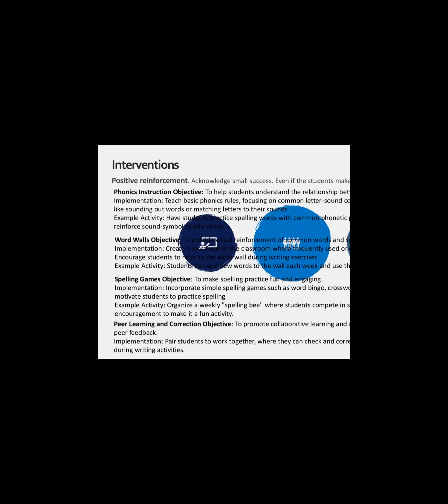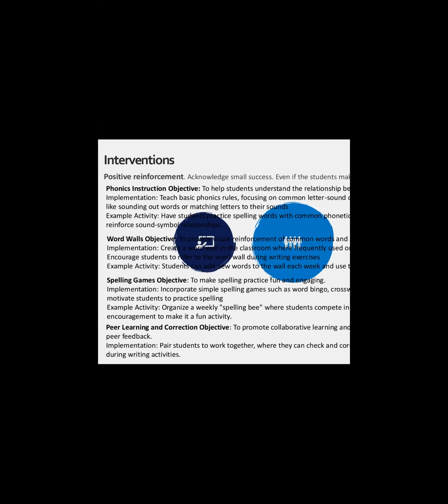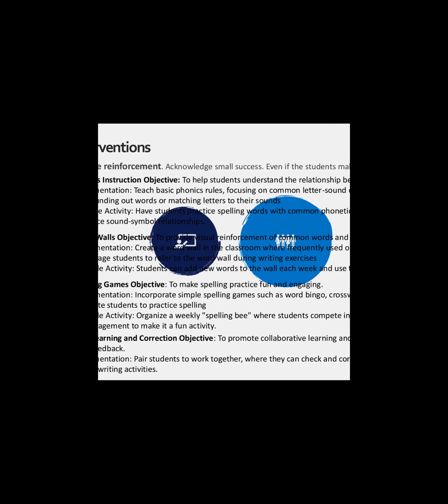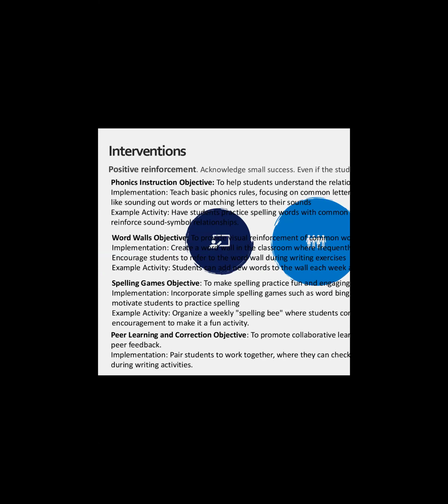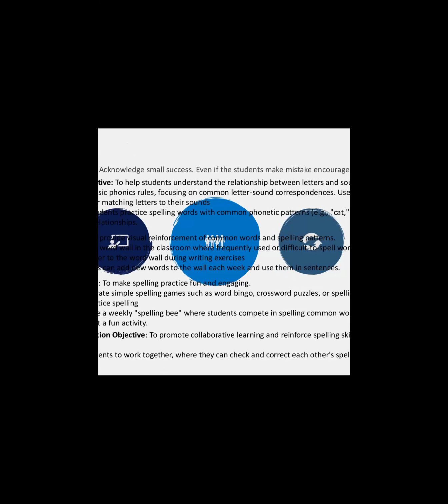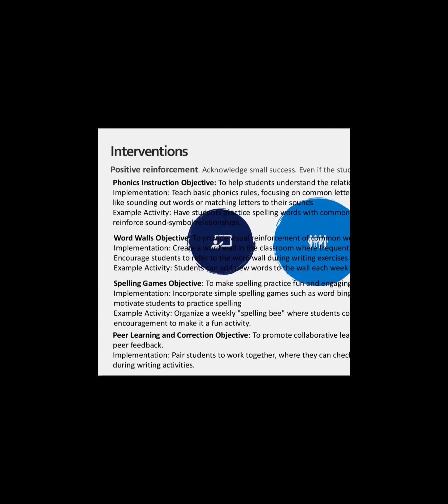And word wall activity, which can provide reinforcement of common words and spelling patterns, to create a word wall in the classroom where frequently used or difficult to spell words are displayed, and students themselves also get encouraged to do better next time.